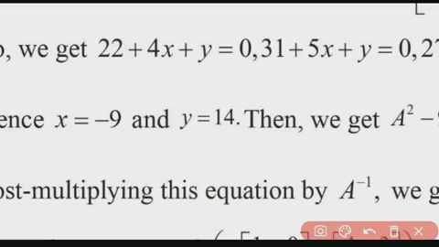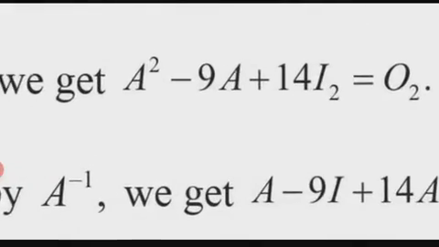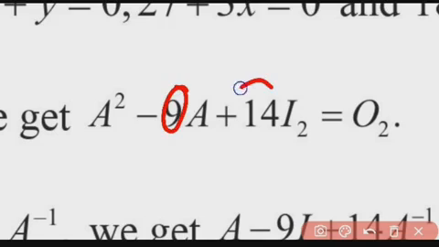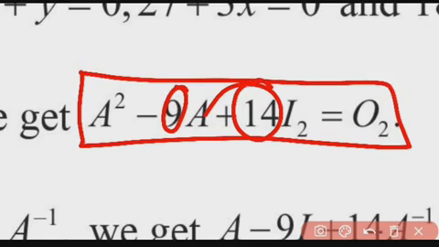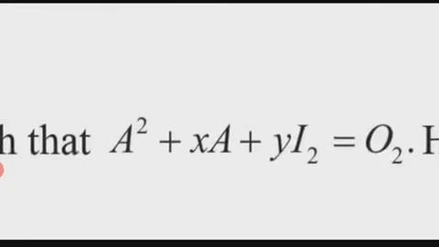Substitute x value and y value in the given equation. Therefore the given equation becomes A square minus 9 into A plus 14 into I2. Let's see what is given in the question.